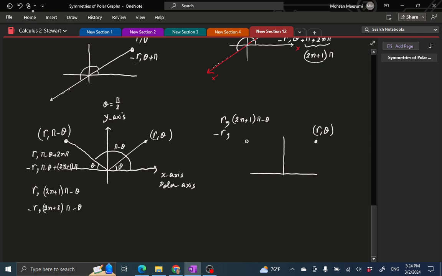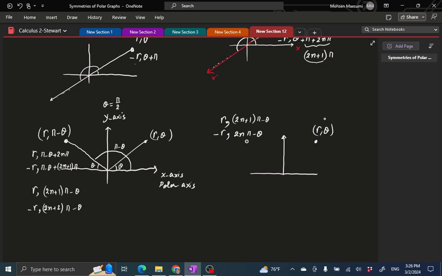Just to make a consistent notation, we said the only thing that is significant is that this will be an even multiple of pi. It doesn't matter how you write that even multiple, so I just write 2n pi minus theta.